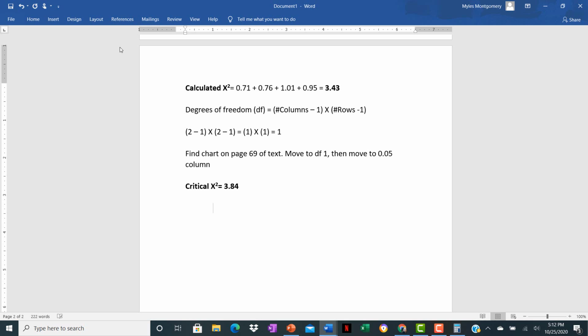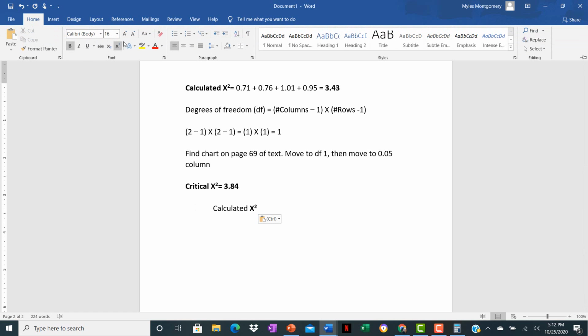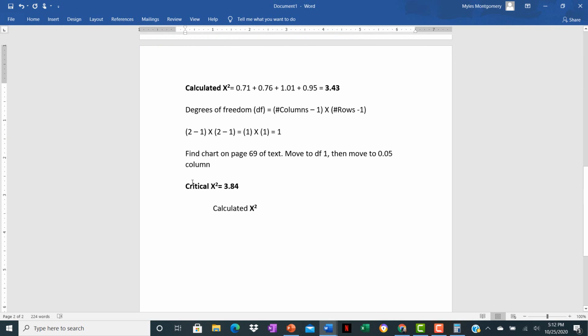Now you can see that we're kind of close here. I'm going to come over here and say calculated chi-square, and make both bold-faced.